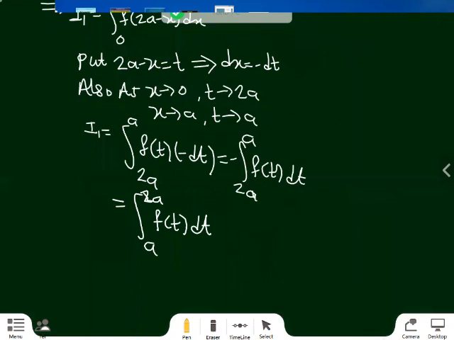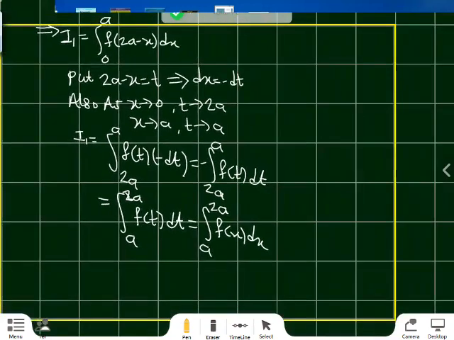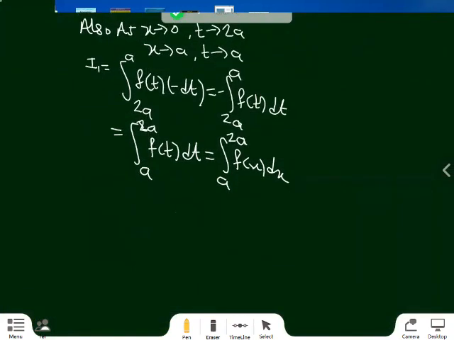Now again, we can change the variable in definite integral. So it becomes integration from a to 2a f of x dx. So finally we get I1.